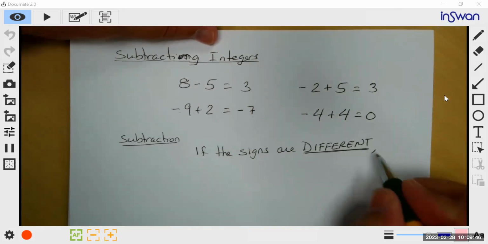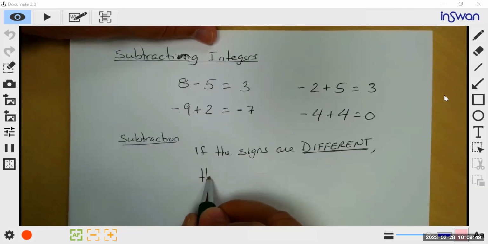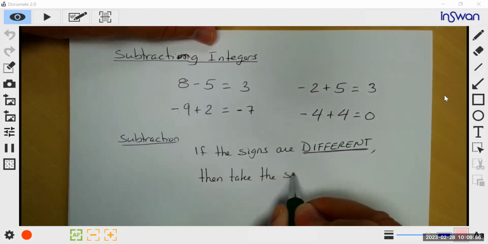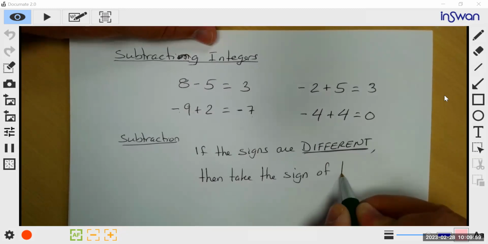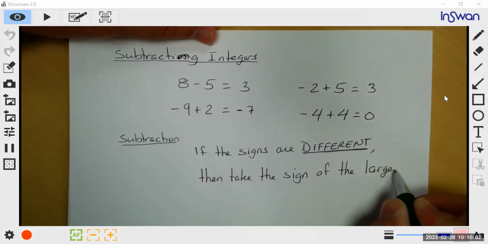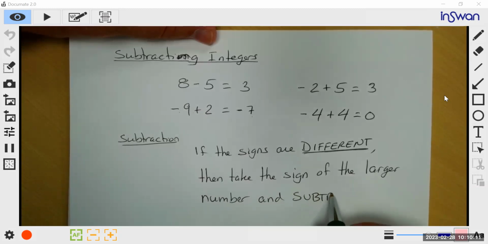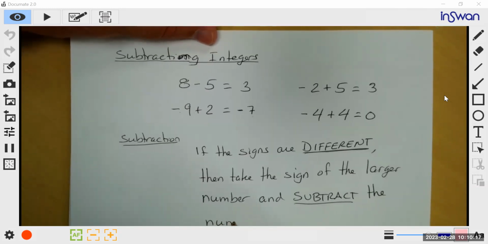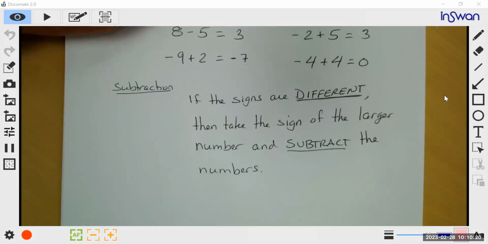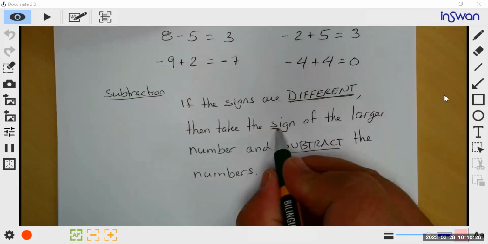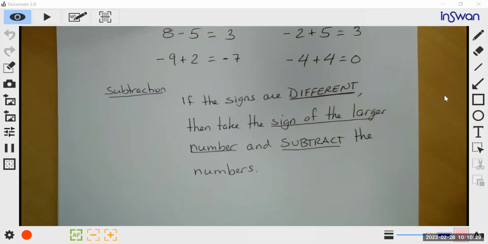If the signs are different, then take the sign of the larger number and subtract the numbers.